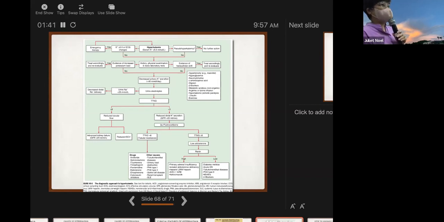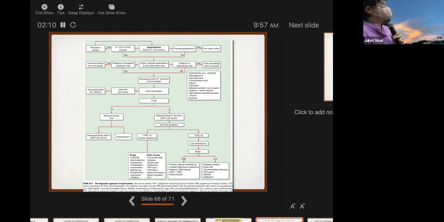now you find out if it is a decreased potassium excretion, so less than 40 millimoles per day. So you get urine electrolytes and compute for your TTKG. If it's less than 5, there's a reduced distal potassium secretion. And if your GFR is more than 20 ml per minute, you can give mineralocorticoid.